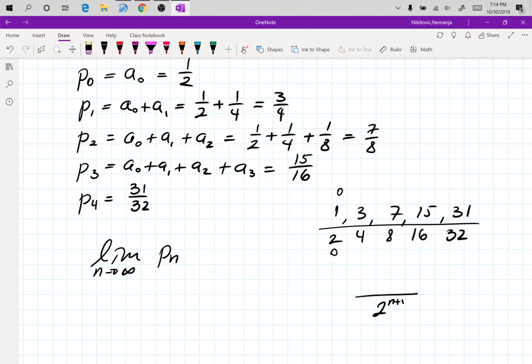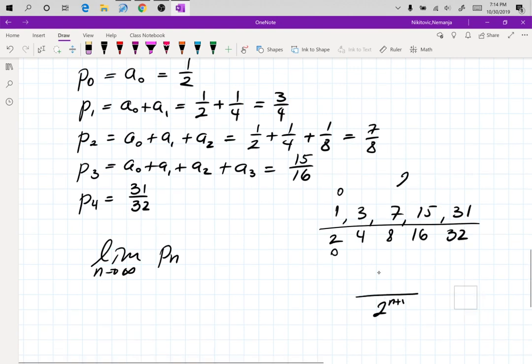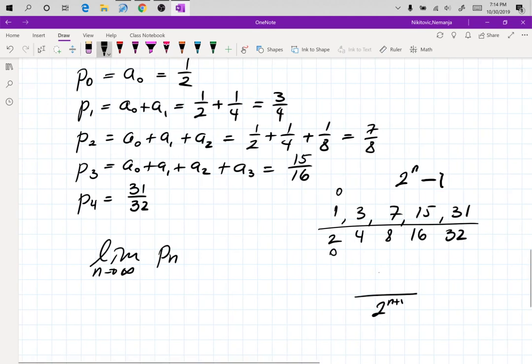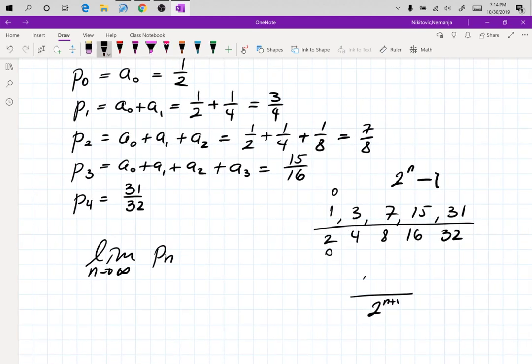Wait, we're starting from 0, right? They already said it. 2 to the n minus 1 doesn't make sense because then if n is 0, it's going to be 0.